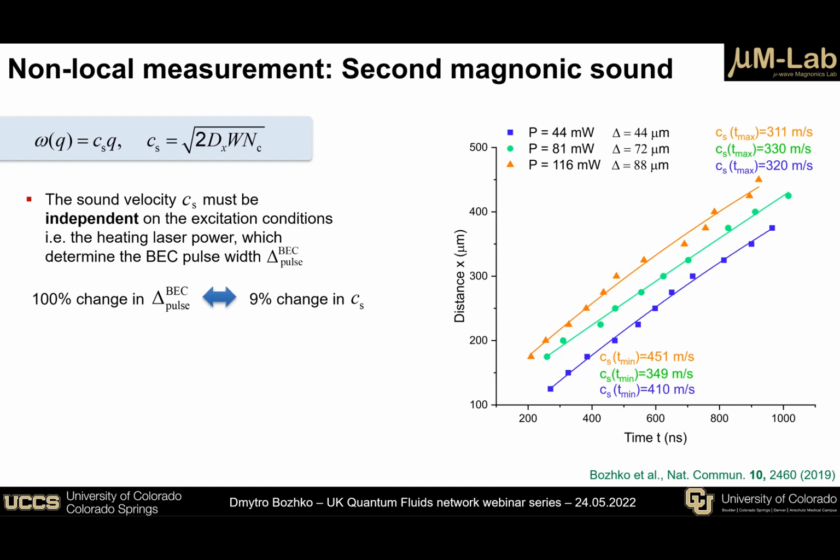What happens if the magnetic field is normal to the film? Why don't you do the experiments, and what is your opinion about the Bozhko experiment? So the difficulty there is the following. First of all, the condensate in a perpendicularly magnetized film will form at wave vector equal to 0.